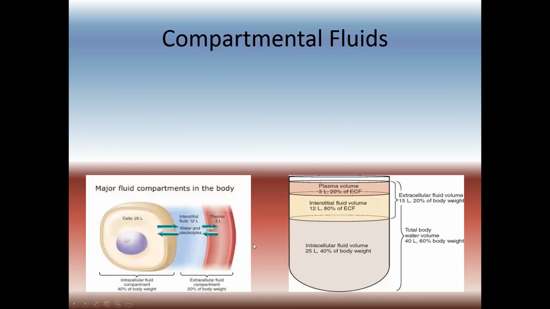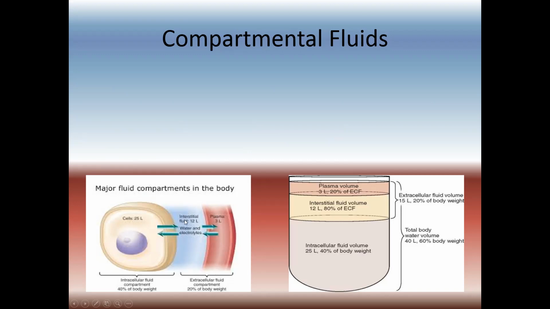So inside of our cell, we have 40% of all of our body weight, we said, or 2/3 of body fluids, is within our cells. We have about 25 liters of fluid within our cells. So that's the intracellular compartment. The extracellular compartment consists of the interstitial fluid, that's the fluid in between the cells, and the fluid within our blood vessels.